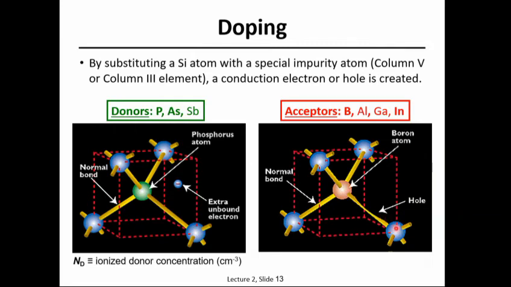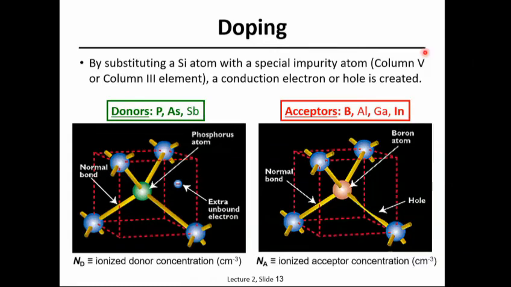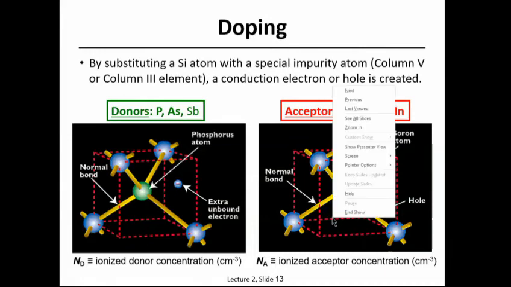So it's taking an electron away from it and leaving a hole to the lattice atom, or the mother atom, as we call it. In this case, we call it the ionized acceptor concentration, because it left a positive ion into the semiconductor material.